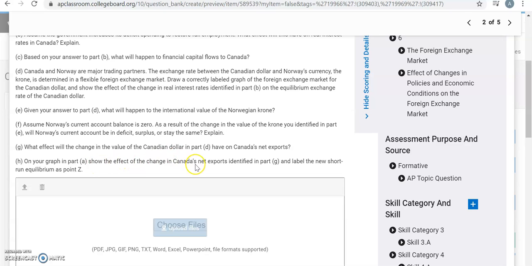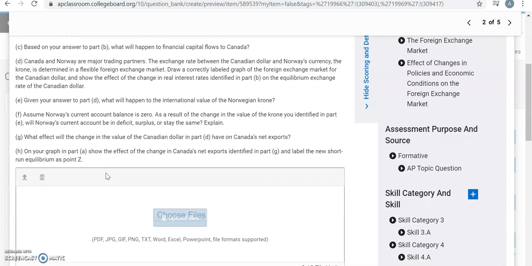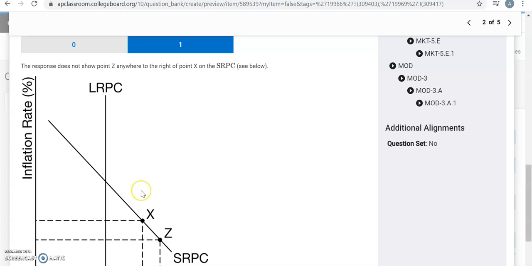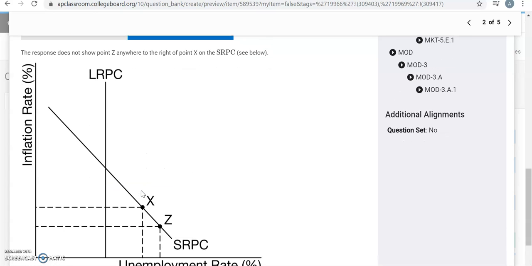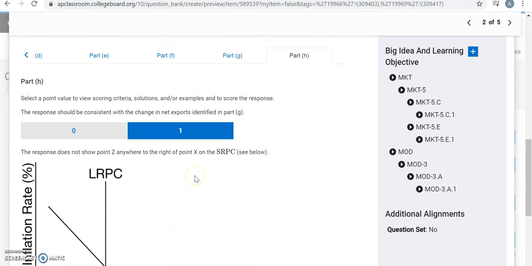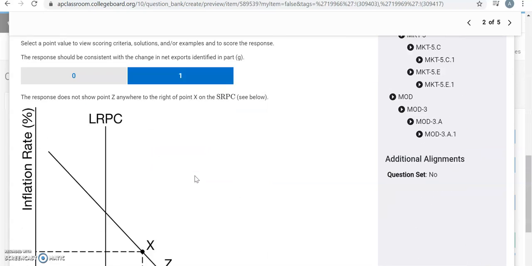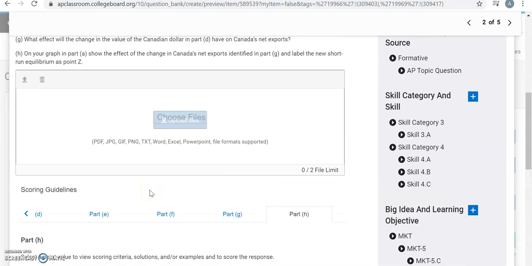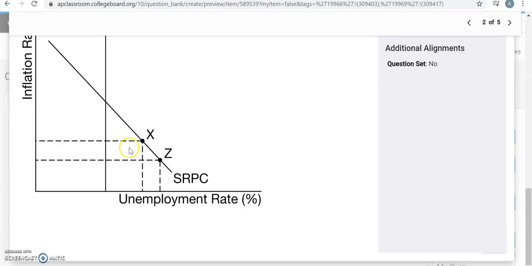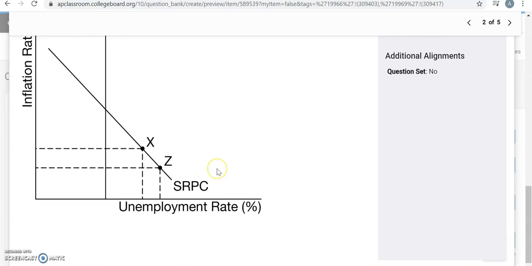We showed that Canada's net exports decreased. So Z is going to be our new point right here, from X to point Z.